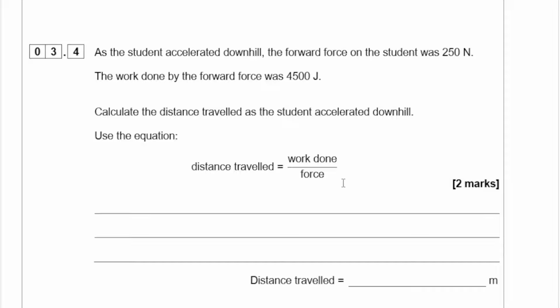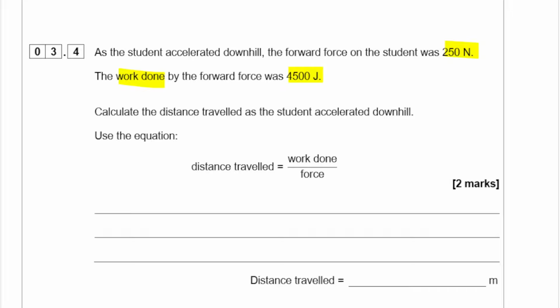A student accelerated downhill. As the student accelerated downhill, the forward force of the student was 250 newtons. The work done by the forward force was 4,500 joules. Calculate the distance traveled by the student as the student accelerated downhill.